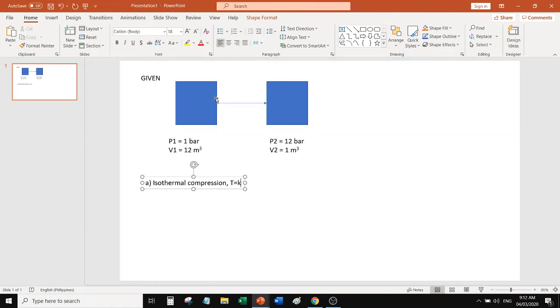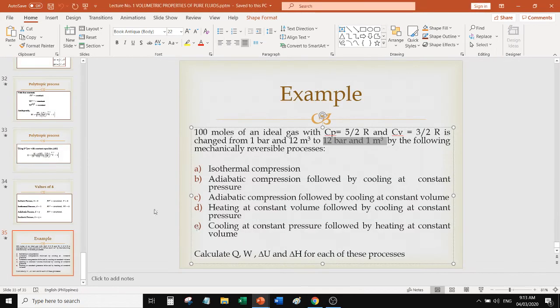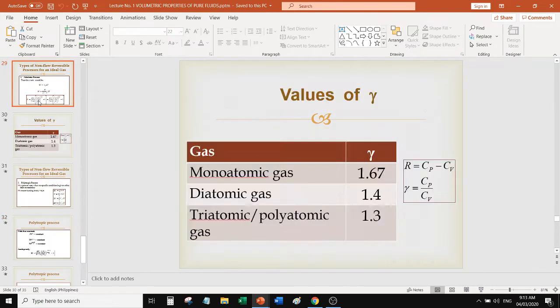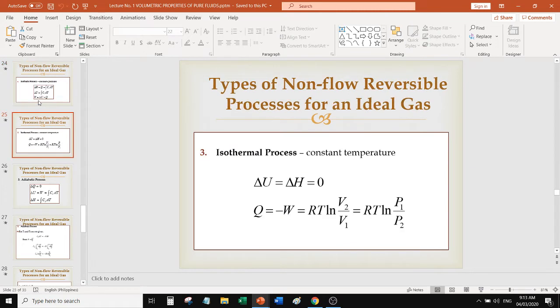This is 100 moles of ideal gas. Remember that for isothermal processes, delta U equal to delta H equal to 0 because dT is 0.